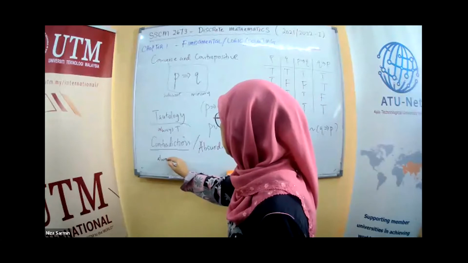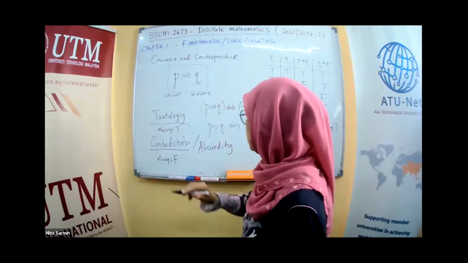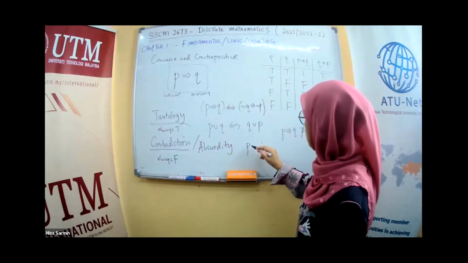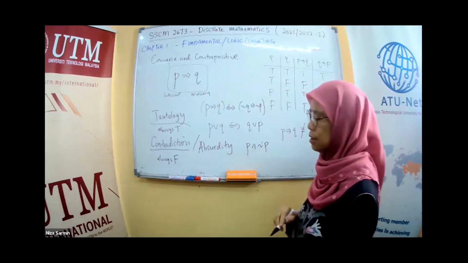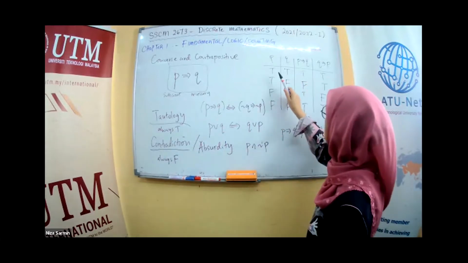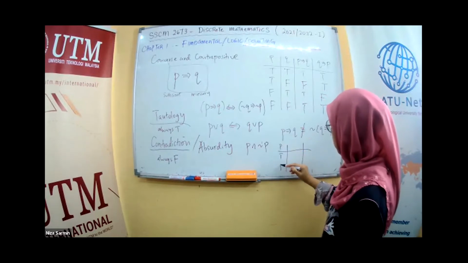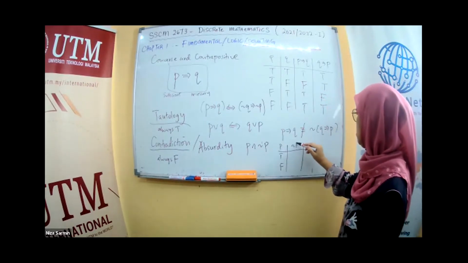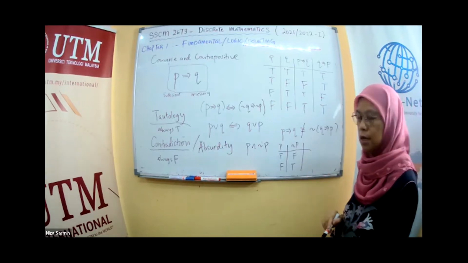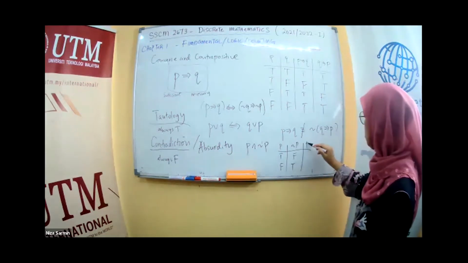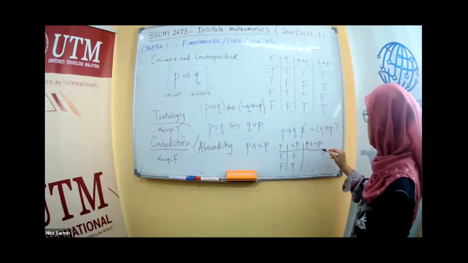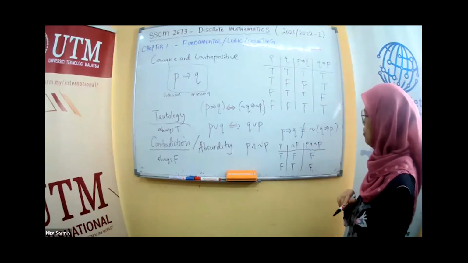This one always false. Easy if we have P and not P. Right? P and not P. If you have P, TF, not P will be FT. So P and not P will be FF. Right?